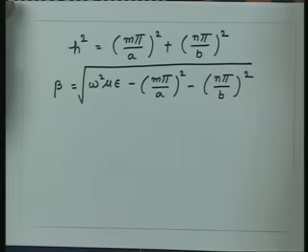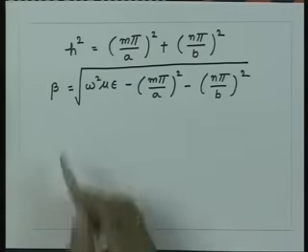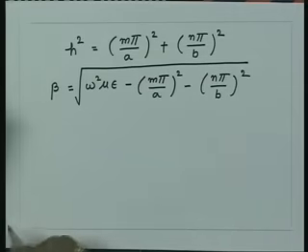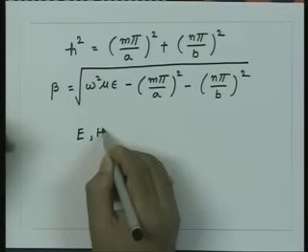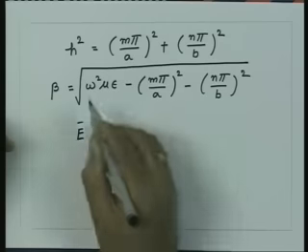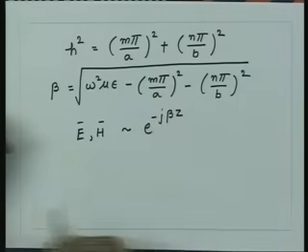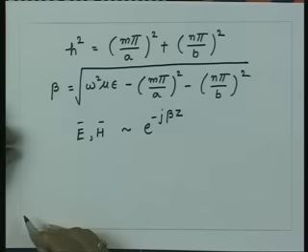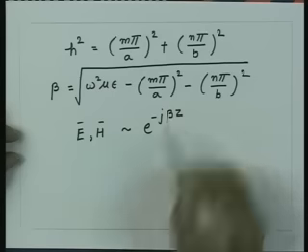Now, as we define the cutoff condition in case of parallel plane waveguide, the same thing we can define in this case also. All the E and H field variations which we have vary as e to the power minus j beta z. So, it will represent a travelling wave provided this quantity beta is a real quantity.